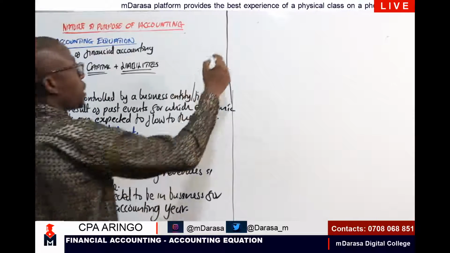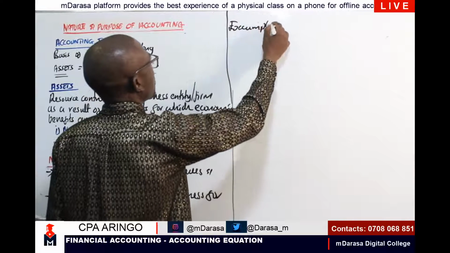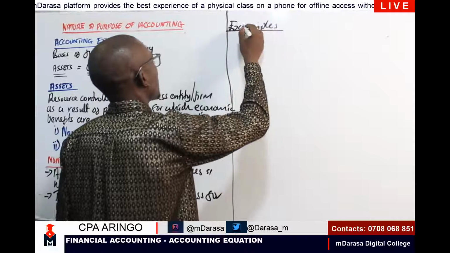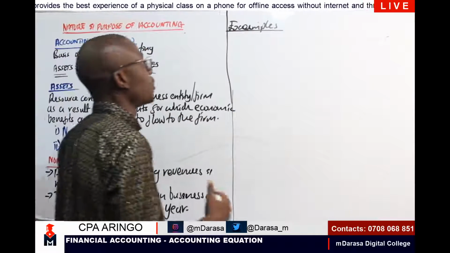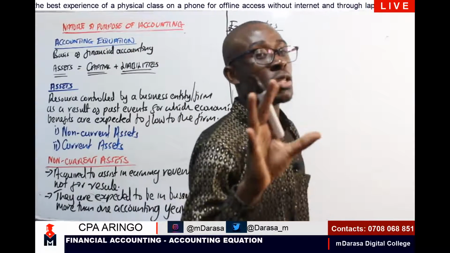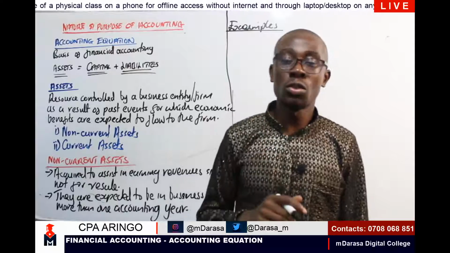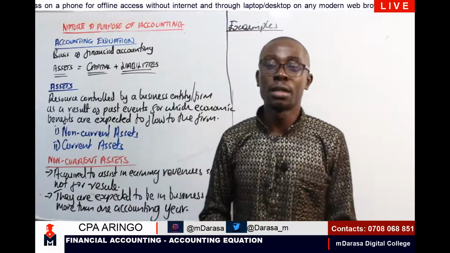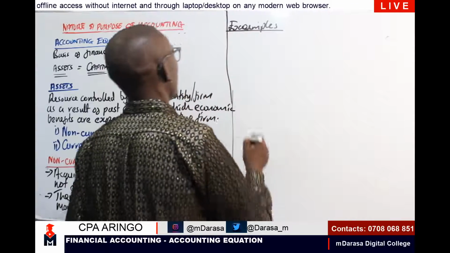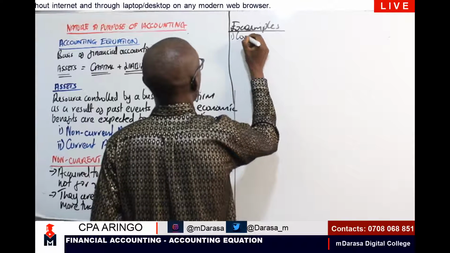Then one person will ask, Mwalimu, what are the examples of non-current assets? Looking at examples, my good students, you can give me whatever you own which is going to assist you to generate revenue and will be there for more than one accounting year. For example, computers.